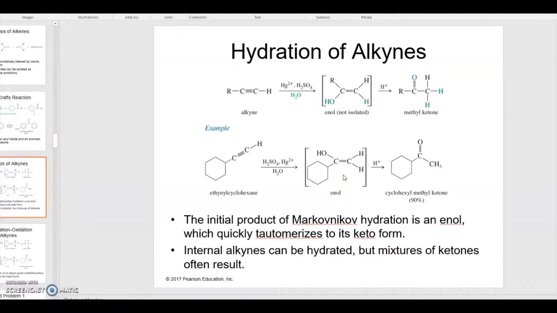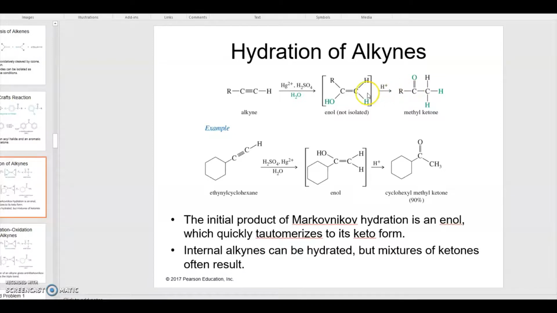This is synthesizing ketones using alkynes. If we use mercury(II) sulfate, sulfuric acid, then add water, what is going to happen? The alkyne is going to change to an enol. When the enol is formed, since it's not stable, you're going to get tautomerization. Tautomerization means this hydrogen is going to move to this carbon, and this pi bond is going to move between carbon and oxygen, and it's going to shift to the ketone.